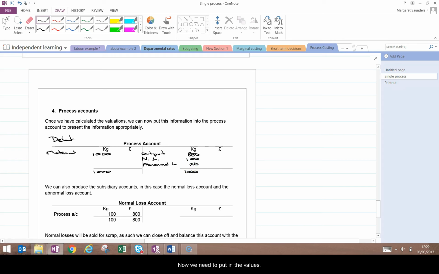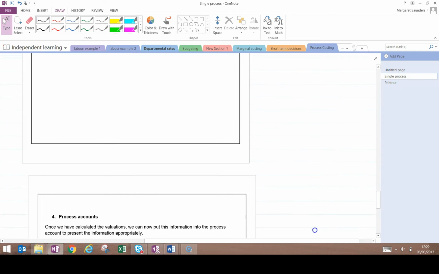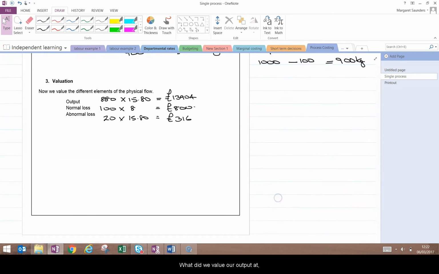Now we need to put in the values. Well, for the credit side, we've already done the workings. What did we value our output at? 13,904. We valued our normal loss at 800, and we valued our abnormal loss at 316.